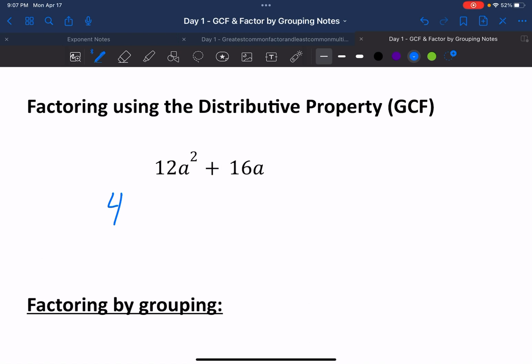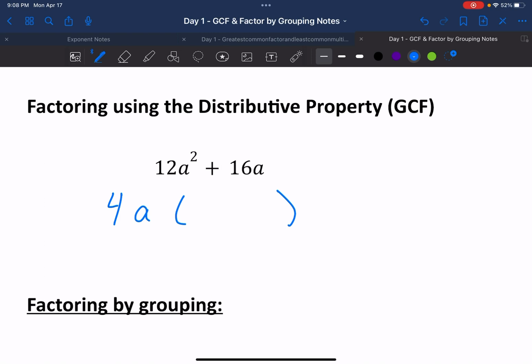Okay, but here's where it gets a little different. When I'm looking at my greatest common factor, I see my greatest common factor is 4. What is it for my A's? Well, I can take 2 from this one, but I can only take 1 A from this one. So my greatest common factor is 4A.